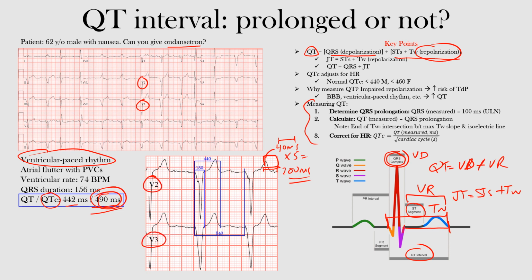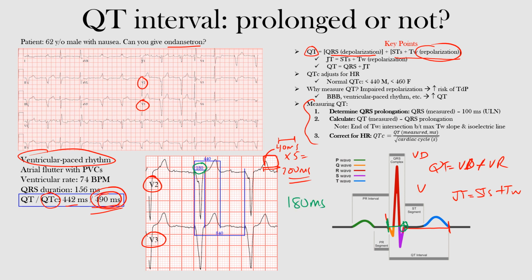The first thing we want to look at is the actual QRS duration. Just so you're aware, the QRS duration is from the beginning of our QRS complex, the onset of ventricular depolarization, to the end of it, or where the J point occurs, which is right here. And what we see is from beginning to end, it's 180 milliseconds.